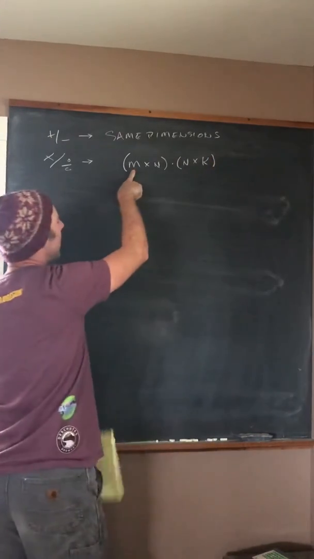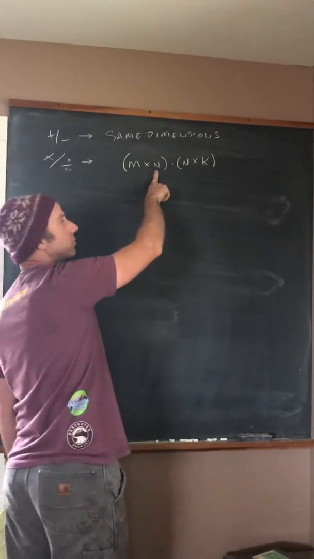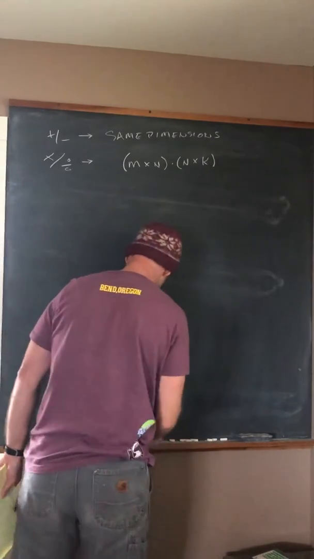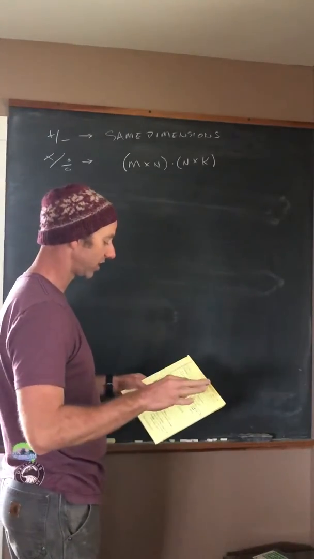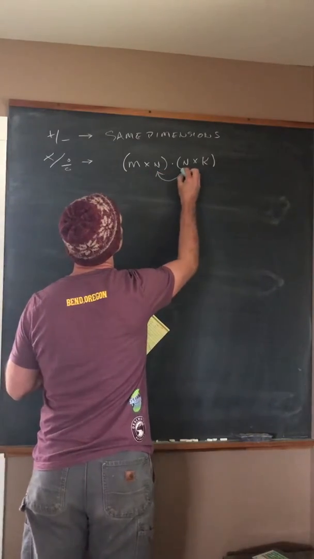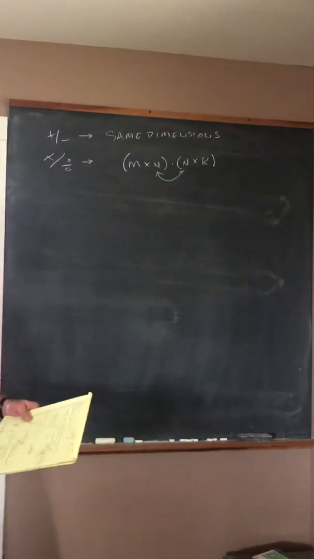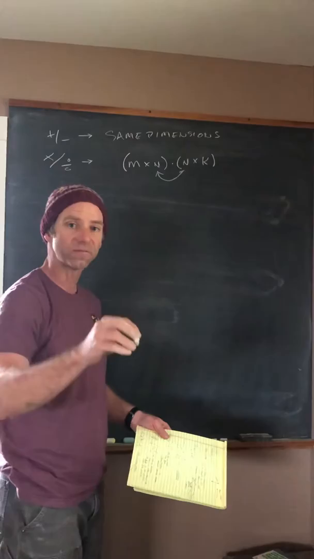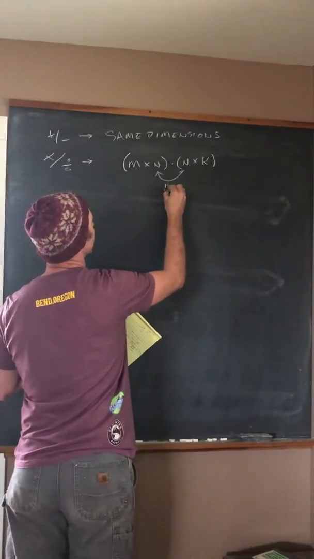So m rows by n columns multiplied by n rows by k columns. The product, the resultant of those, you'll notice that these two are the same. Because those two are the same, this is going to be a defined answer. So I'm going to put a smiley face here. This is defined.